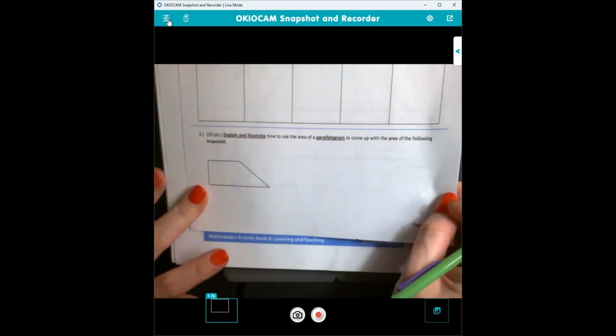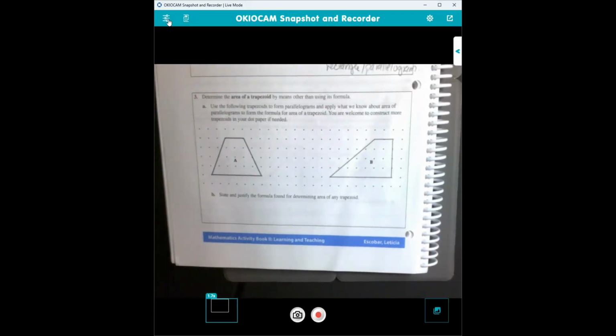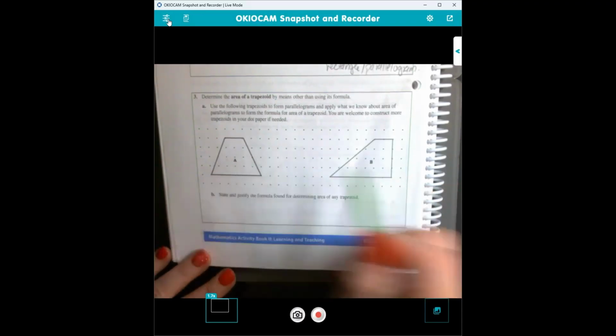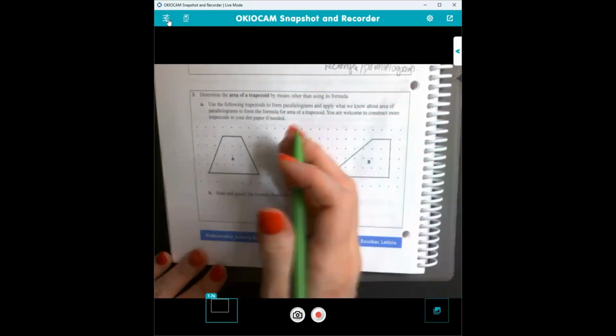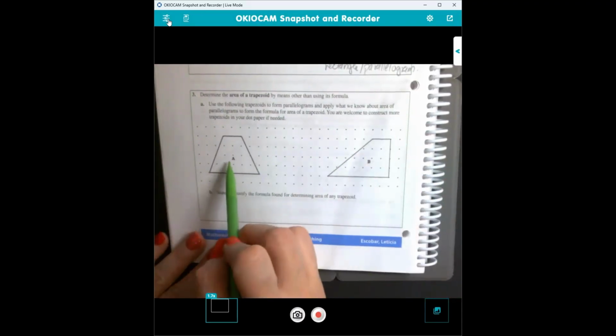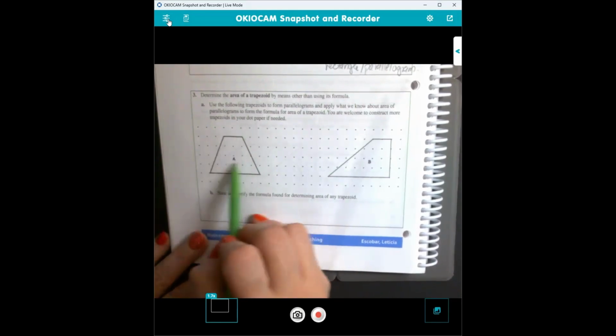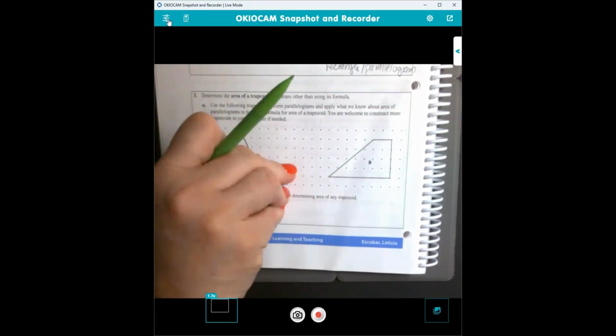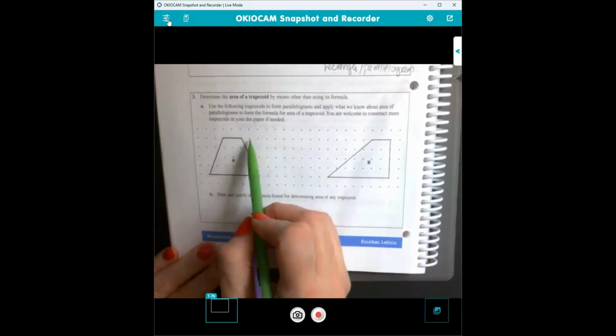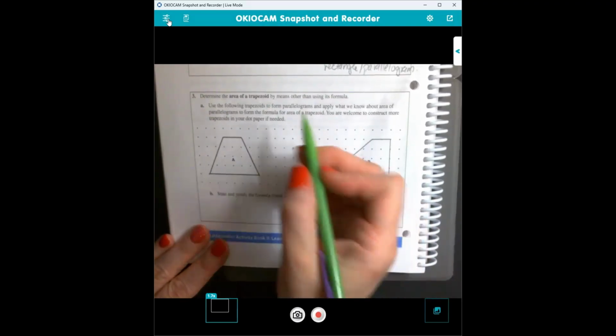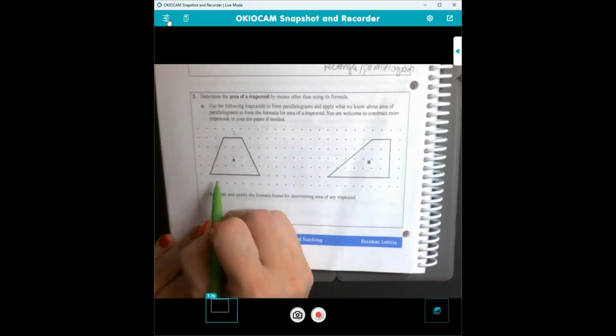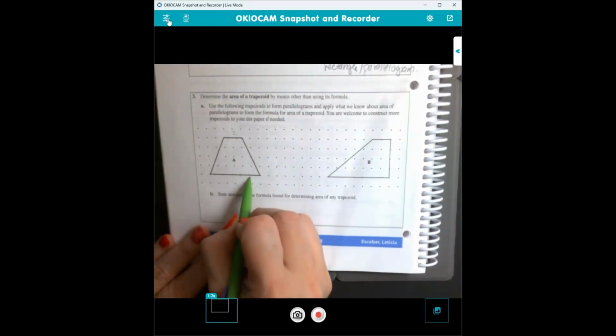Okay, so again, for that one, I think it's very similar to this one, but it doesn't matter. So what are you going to do? You're going to take this exact trapezoid and flip it over. When you flip it over, you're going to create a parallelogram. So this is 1, 2, and this is 1, 2, 3, 4, 5, 6.